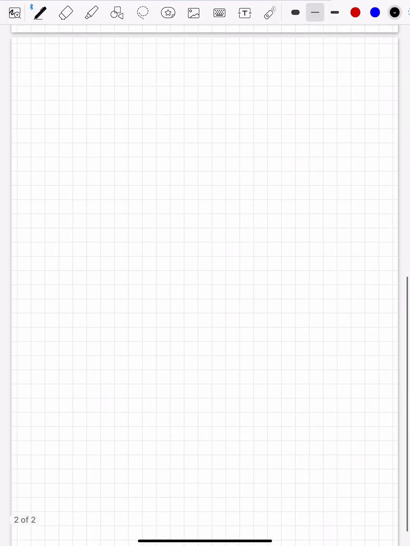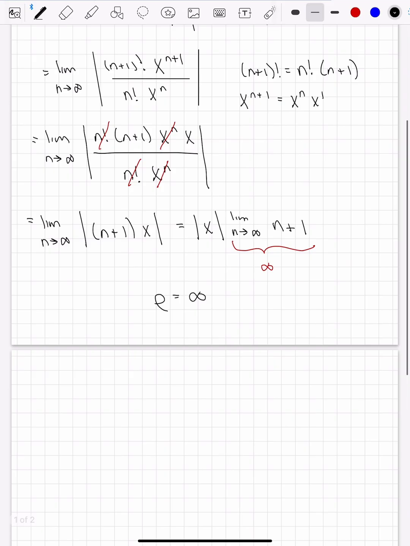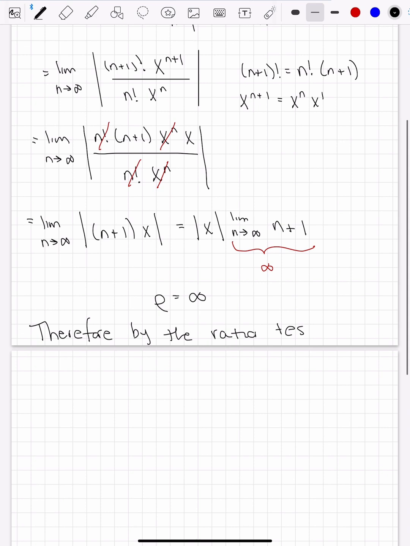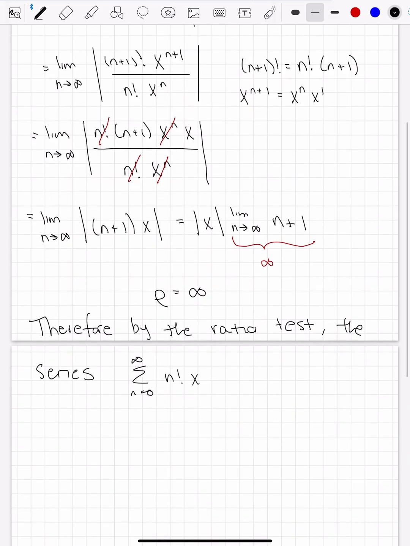And remember from the ratio test, therefore, by the ratio test, the series, the sum from 0 to infinity of n factorial x to the n, diverges for all x not equal to 0.